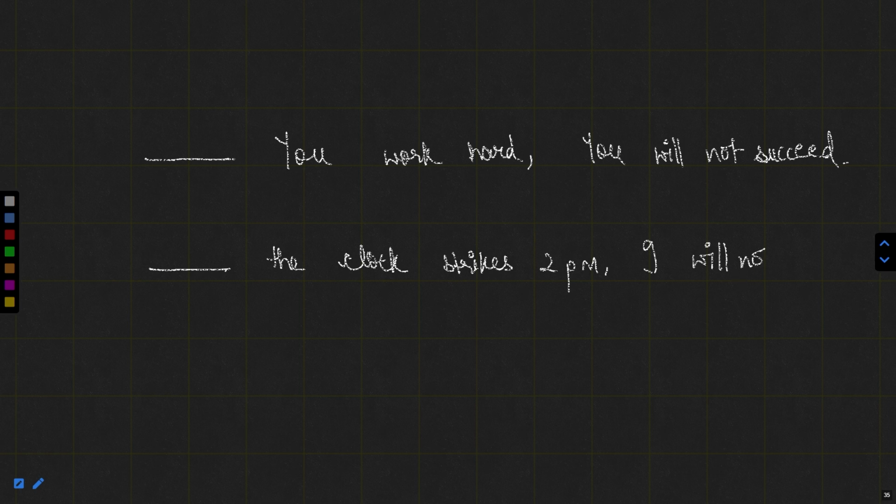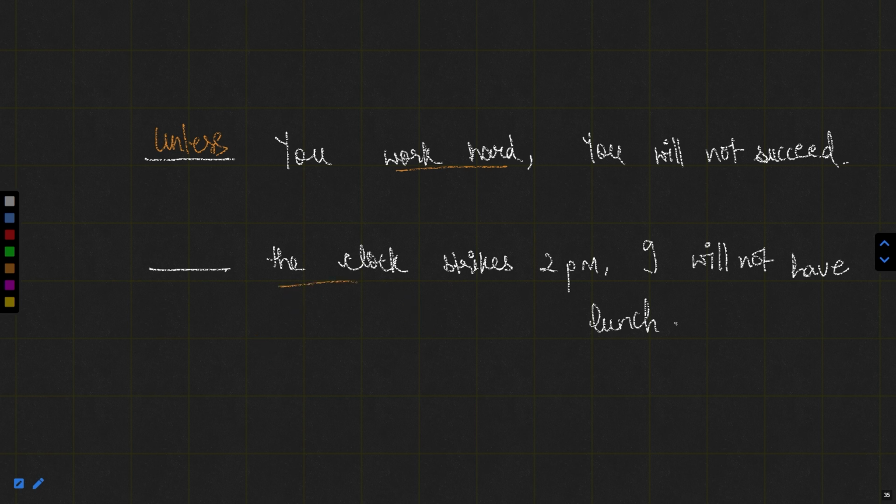Now if you see these two sentences, what will you write over here, whether until or unless? Obviously, you work hard is not time bounded, it is actually a situation which can happen anytime when you want. So here we'll write unless and not until.